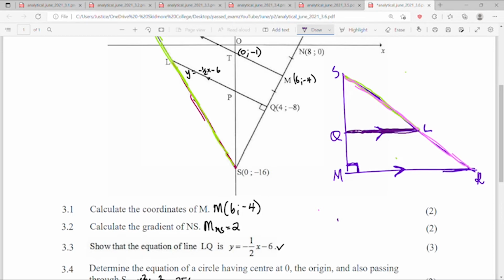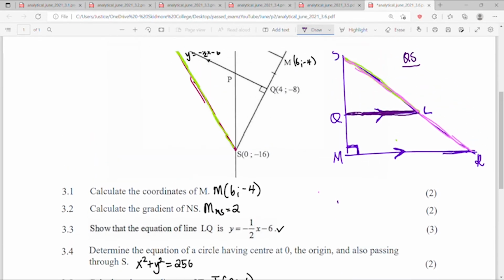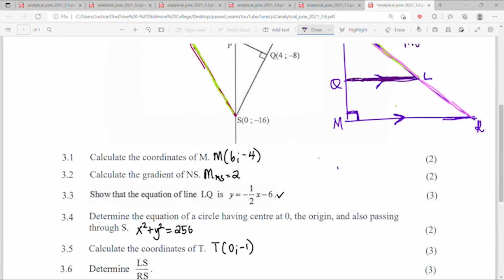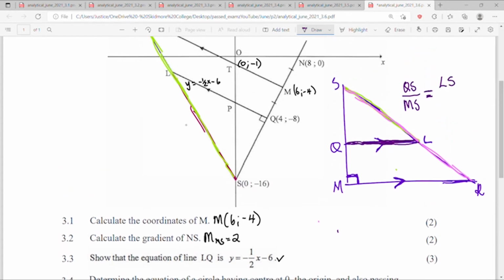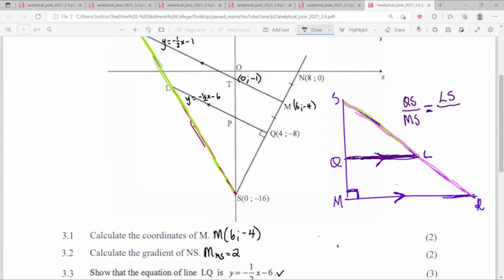It means that in this specific triangle, starting with LS, QS over MS is the same as, or is proportional to, LS over RS.